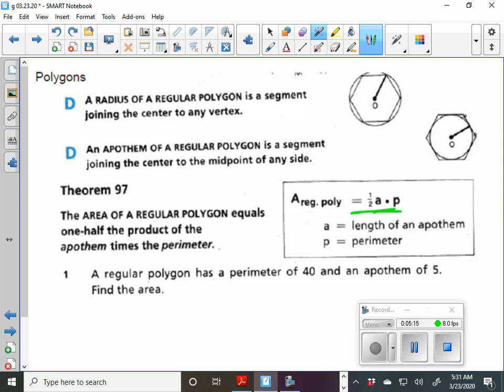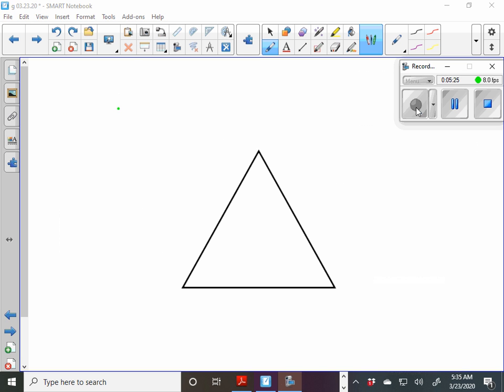Now, I'm going to go back and derive that formula. I'm going to try and do this quickly because of time, but if I were to simply draw at the center, you've got the apothem, and you have a triangle here, right? A right triangle. If I give you P as the perimeter, then this side here is P divided by 3.